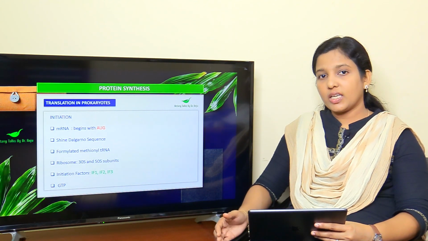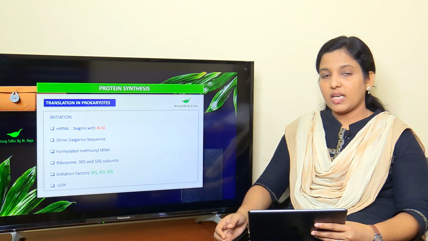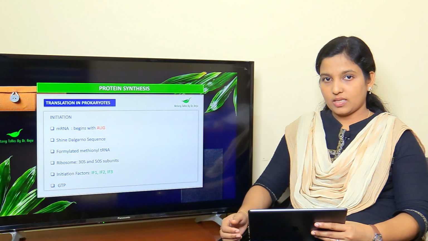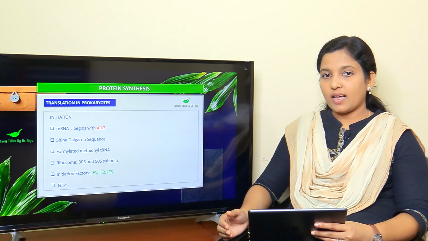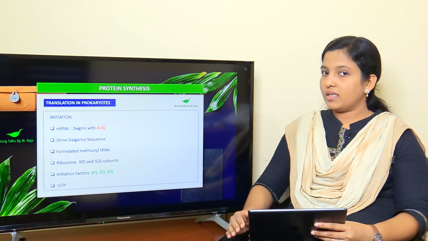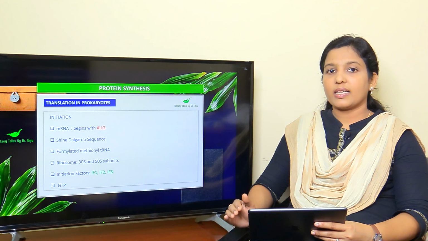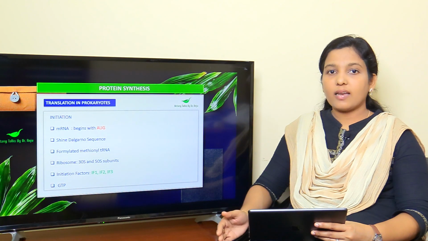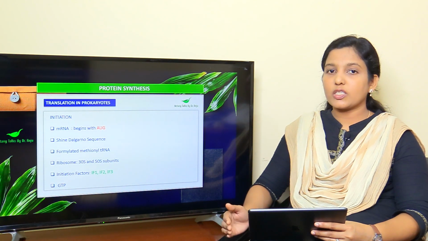Upstream of every gene in prokaryotic mRNAs, we can see the presence of a Shine-Dalgarno sequence. Without this Shine-Dalgarno sequence, the translation process cannot begin. So, any mutation in the Shine-Dalgarno sequence can stop the process of protein synthesis.